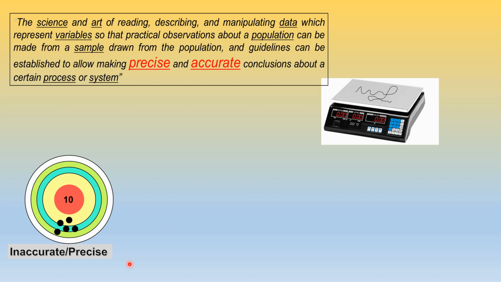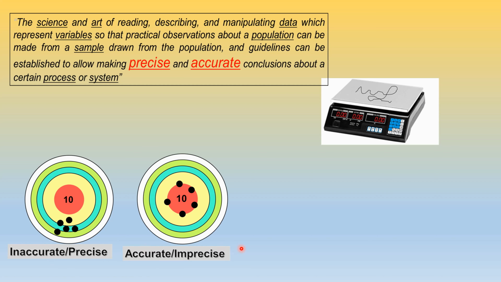Precision means values that are very close to each other, regardless of whether they actually describe the target value or not, just like this case. So now we have inaccurate data because they are not 10 or even close to 10, but they are precise because the data are very close. The precision describes the closeness of data. Here we have accurate data because they are around the center, but they are far apart.